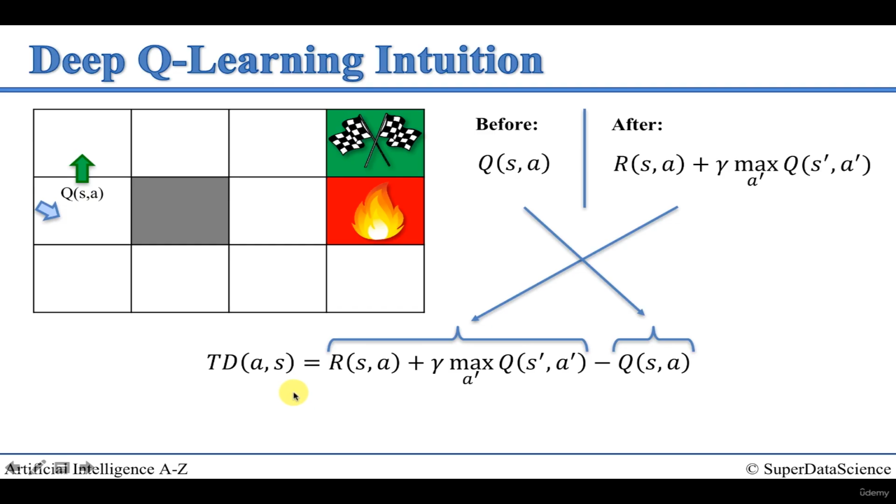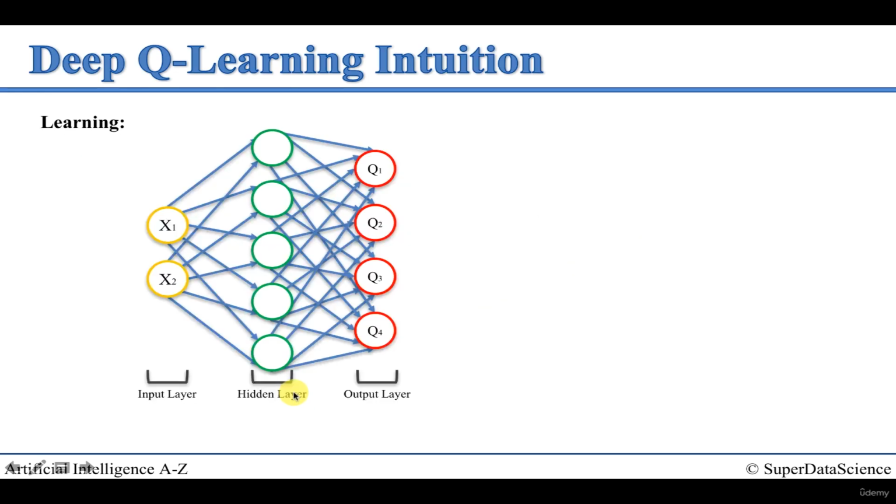Now let's have a look at how this all works out in the neural network and why it is like that. I know it sounds a bit complicated right now, but we'll break it down into simple terms just in a second. So this is our neural network. We're feeding in the states of the environment into the neural network. It's going through the hidden layers. Then it's coming out with these outputs, Q1, Q2, Q3, Q4. In that specific state, these are the Q values that the neural network is predicting for the possible actions.